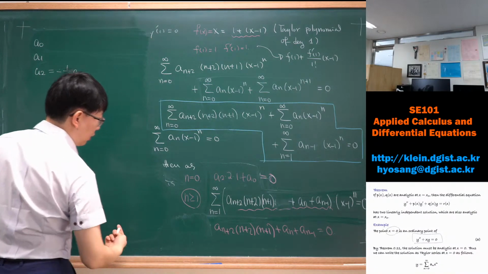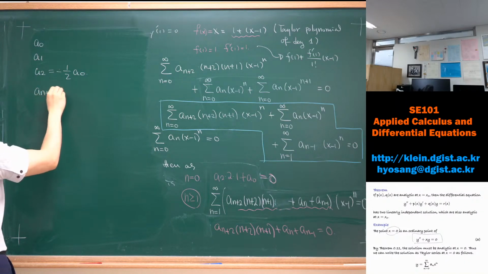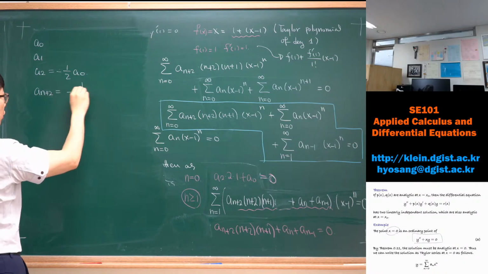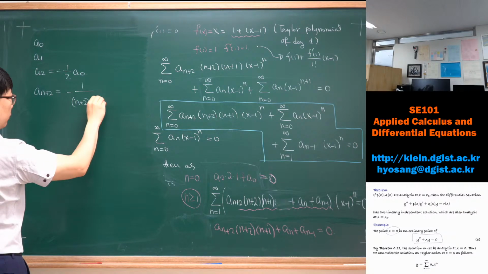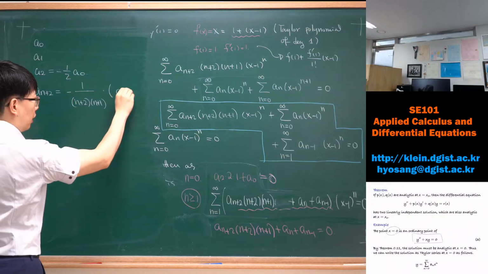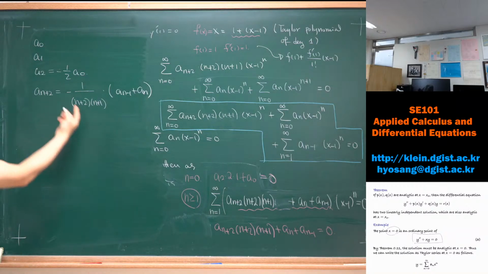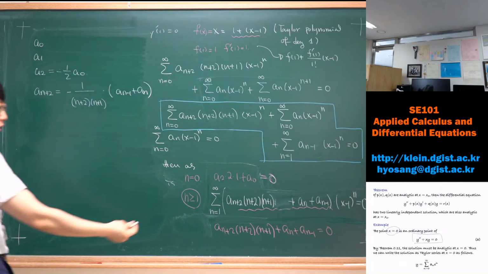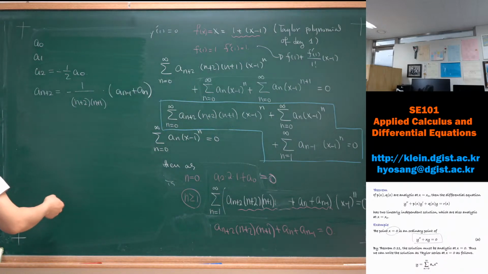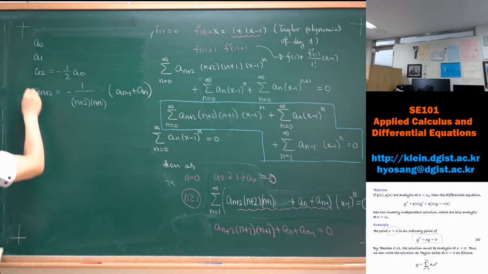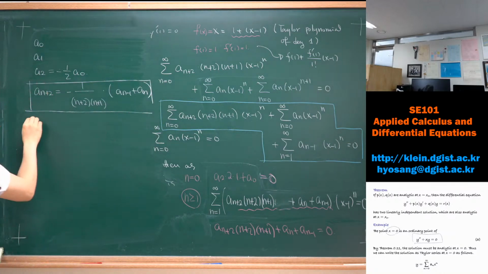And now let's look at the recursive formula. A n plus 2 is equal to negative 1 over n plus 2 times n plus 1, times a n minus 1 plus a n. We have a minus sign here because we pull this a n plus a n minus 1 to the right-hand side. So because of this recursive formula, we can compute a3.